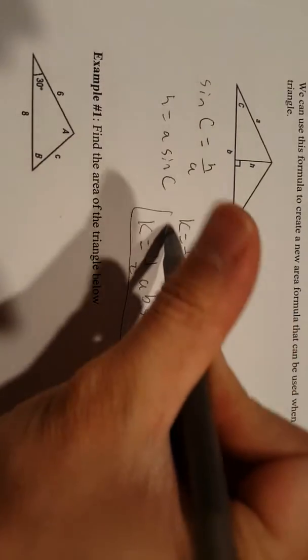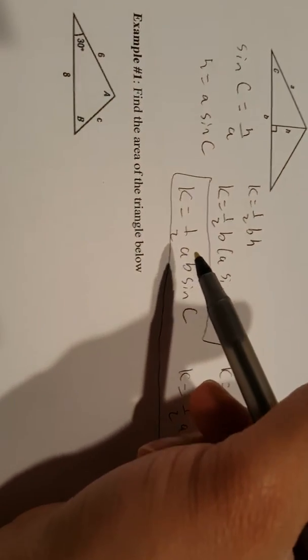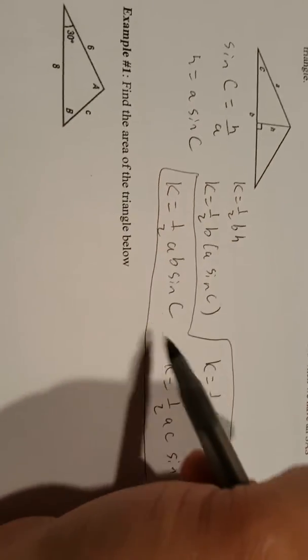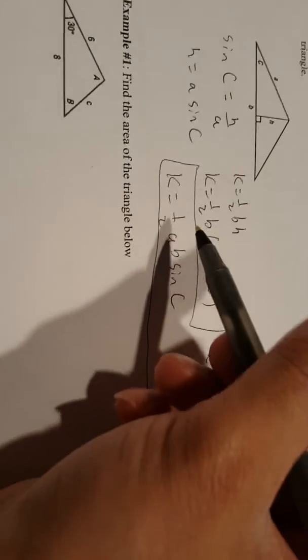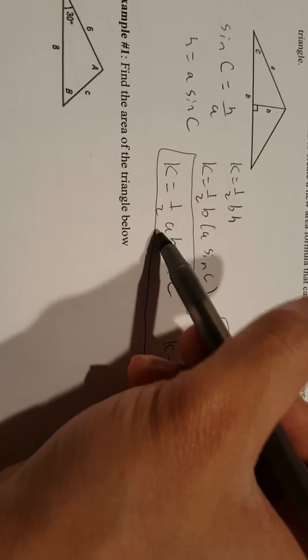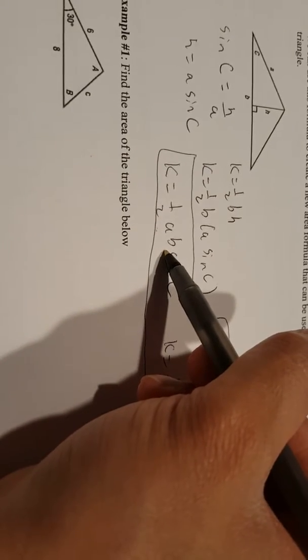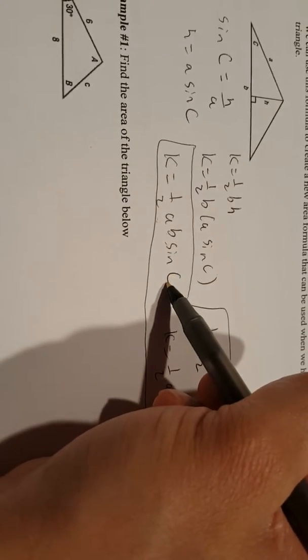But remember, you only have to know one case, and it's the same thing. You don't need to memorize these letters. You have to know what the formula is kind of saying. It's saying it's 1/2 times the two sides in the side angle side and the included angle.